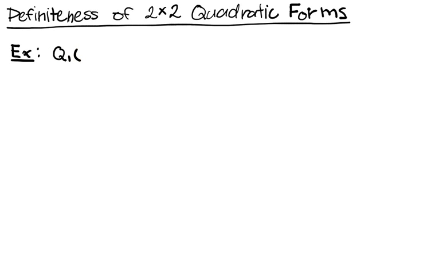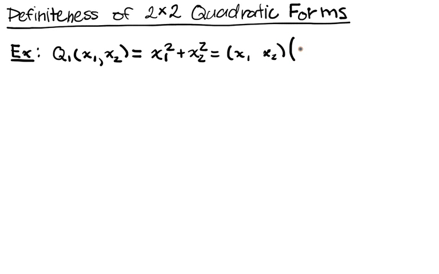Q1, our first quadratic form. This is a 2x2 quadratic form because it's related to a 2x2 matrix, and this will be x1 squared plus x2 squared, which is equal to (x1, x2) times our 2x2 matrix, in this case the identity, times (x1, x2). We'll notice that this is always greater than 0 if (x1, x2) does not equal 0.